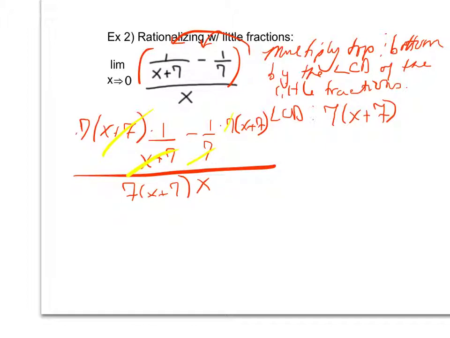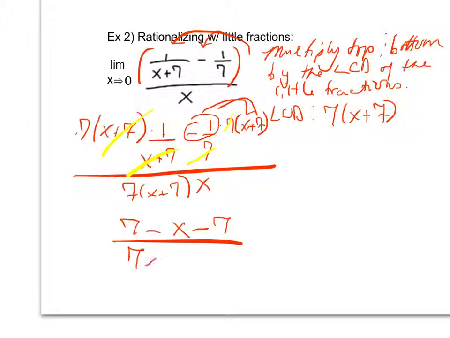And on top, I see I'm left with 7 times 1 minus, and this minus 1 is going to distribute in here. So minus 1 times x is minus x. Minus 1 times 7 is minus 7. All over, and it doesn't matter where I put the x, so I'm going to say 7x times x plus 7. I still can't use direct substitution, but what I can do is combine 7 and minus 7. They're going to become 0.